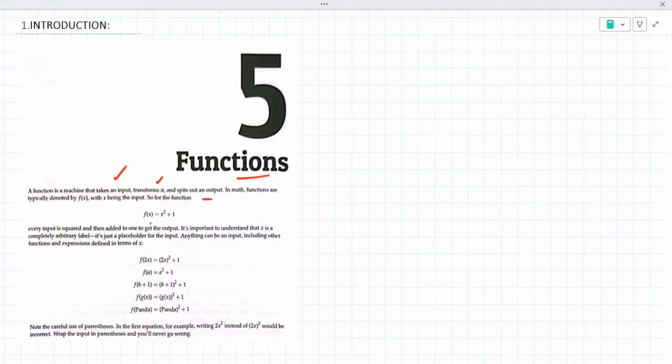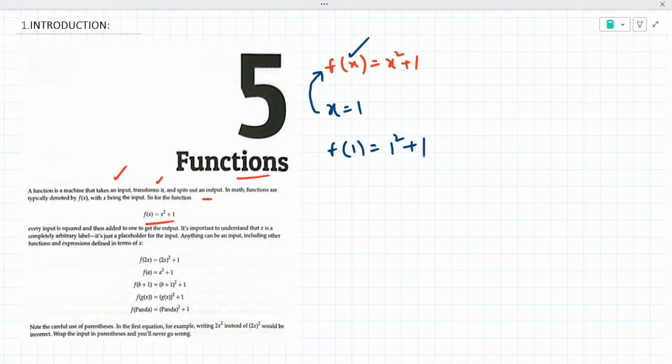I'm getting started. Take this as an example: f of x equals x square plus 1. If you take an input x equals 1, and put x equals 1 in the place of x, f of 1 equals 1 square plus 1, that equals 2. For every input you are going to get an output.